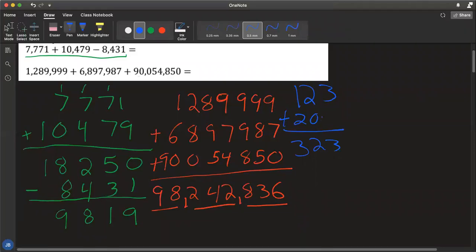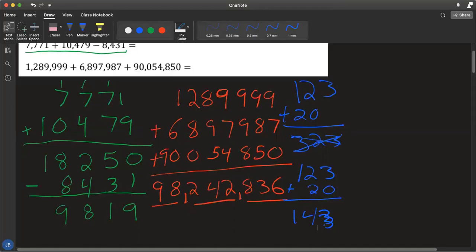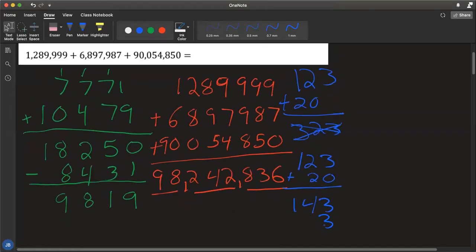But 123 plus 20 isn't 323, right? So we would want to make sure that 123 plus 20 is lined up correctly to get 143. Does that make sense for everybody? And does anybody have any questions on this? Okay, perfect.